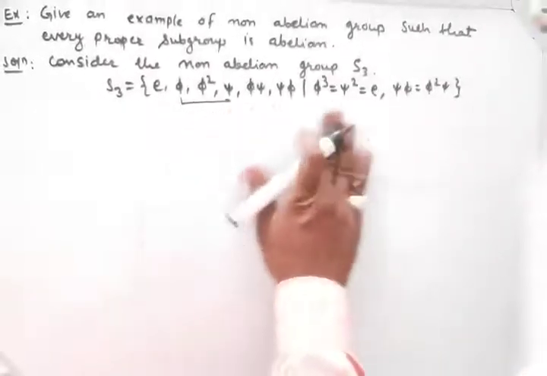Now, S3 itself is an improper subgroup, and S3 and the identity are trivial subgroups.